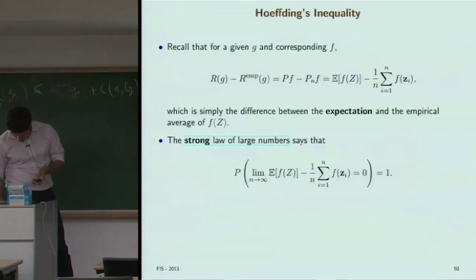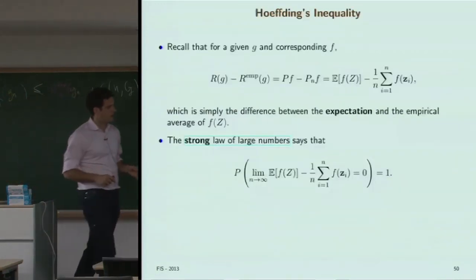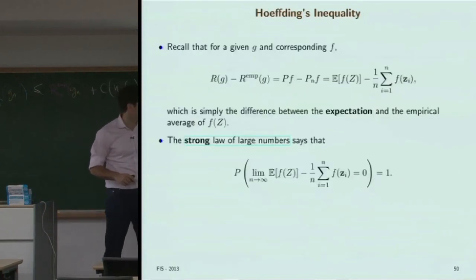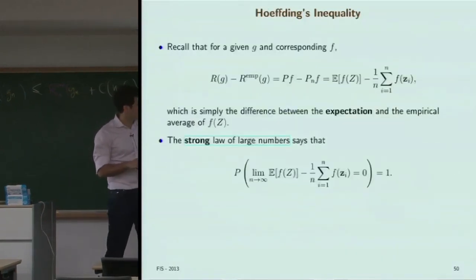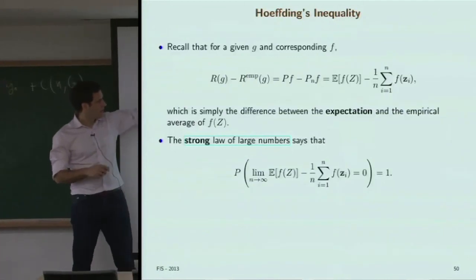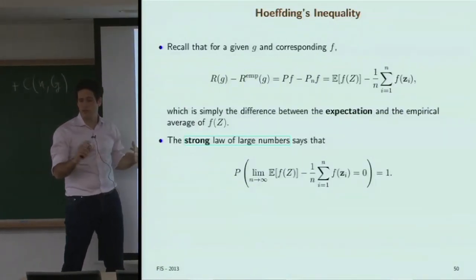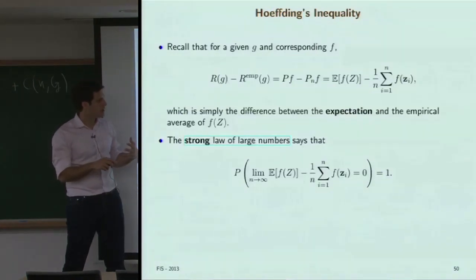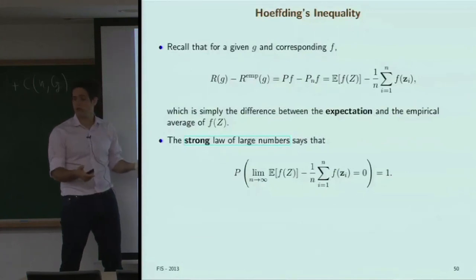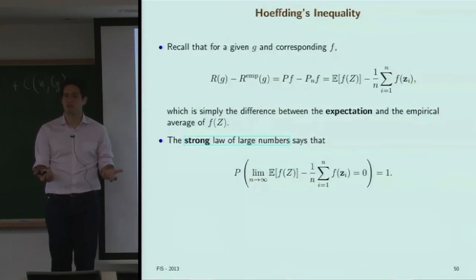Let me just simply give you one result before we move on to next week. The true risk of G and the empirical risk of G end up being, if you just shift a few notations, the difference between the expectation of f of z and the mean of f of z computed on a sample. Okay? So this is a very, very classic problem in statistics.